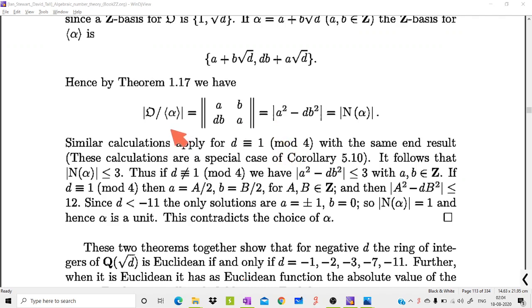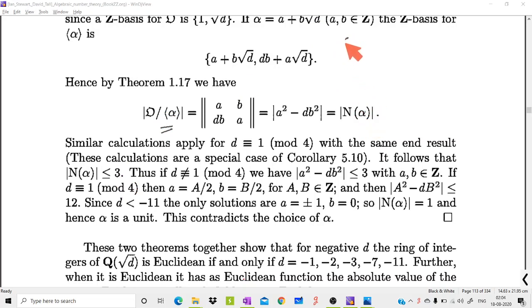This is what we have proved here. But we know that this quantity is always less than or equal to 3. So the norm N(alpha) is at most 3.